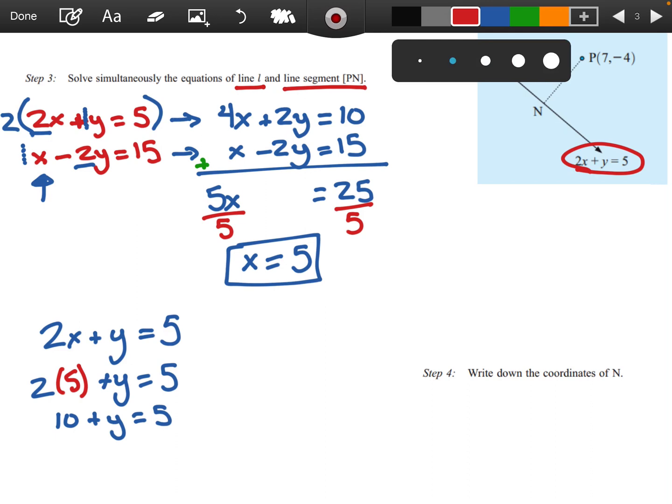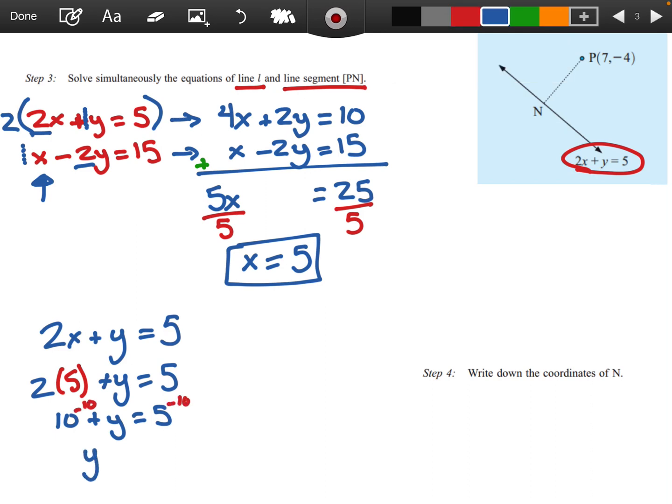So then I'm going to subtract 10 from both sides, and I get y equals negative 5. So now that I have solved those two equations simultaneously to figure out the one magical combination of x and y values that will satisfy both of those equations, those are the coordinates of point n.